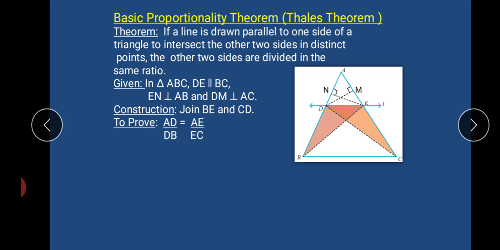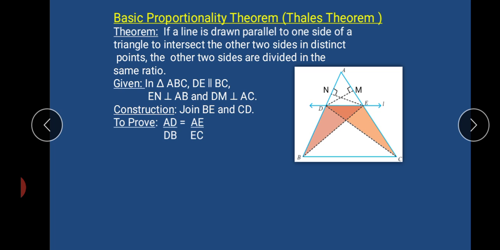What is given to us is in triangle ABC, DE is parallel to BC, EN is perpendicular to AB, and DM is perpendicular to AC. We have done some construction there.